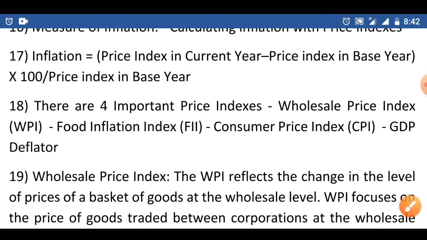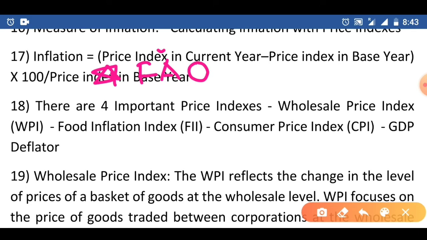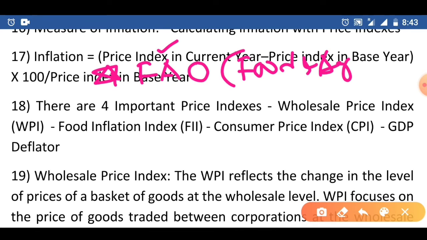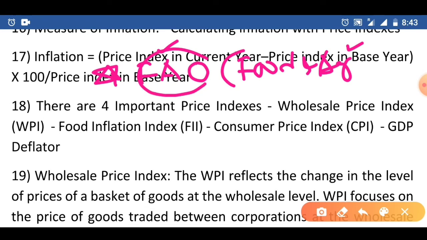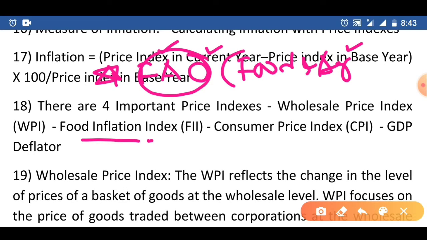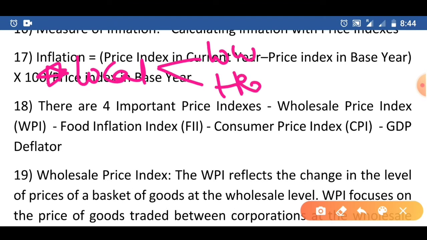There are various factors that impact the food inflation index, such as FAO, the Food and Agriculture Organization, a world organization. If the Food and Agriculture Organization makes any change in its index, this also affects our food inflation index. Then there are local factors such as low rainfall and high rainfall.